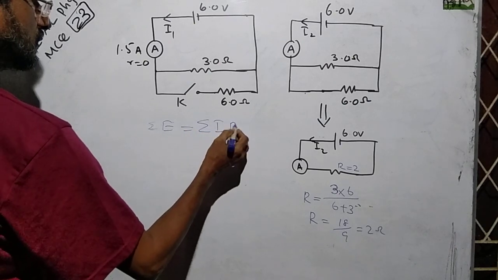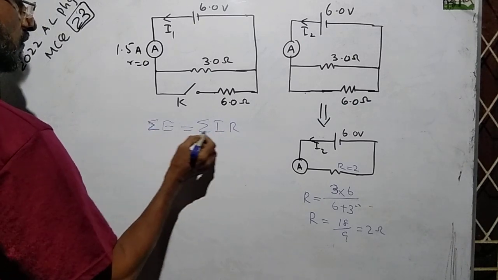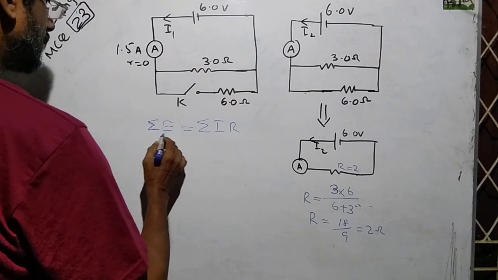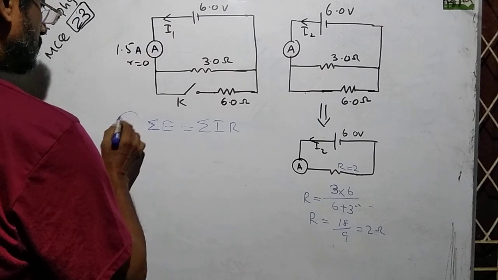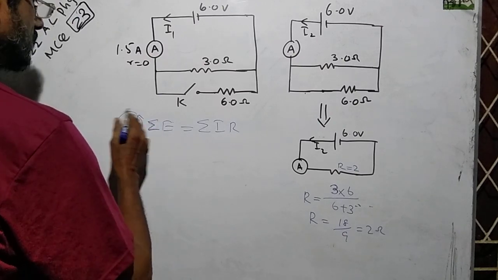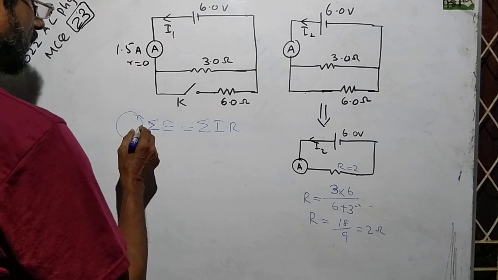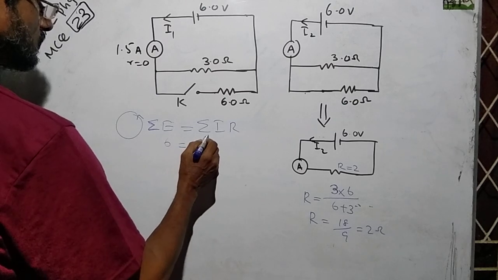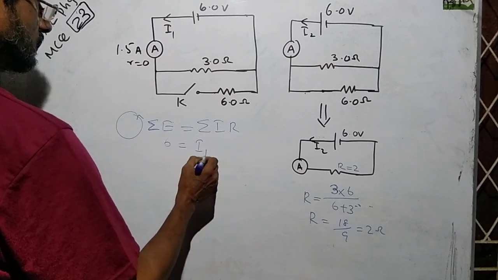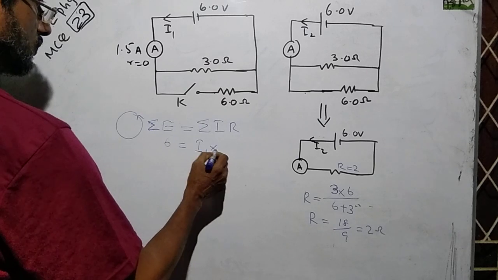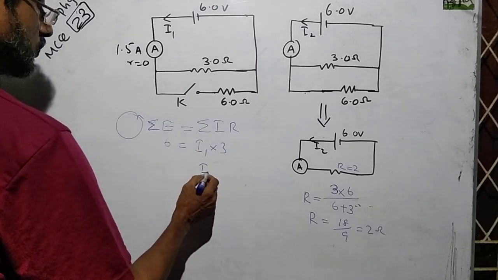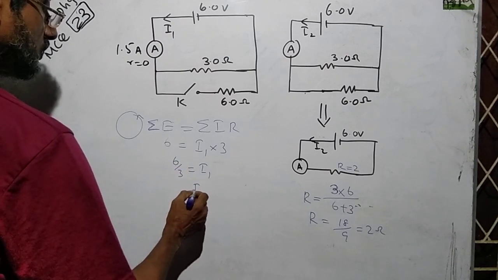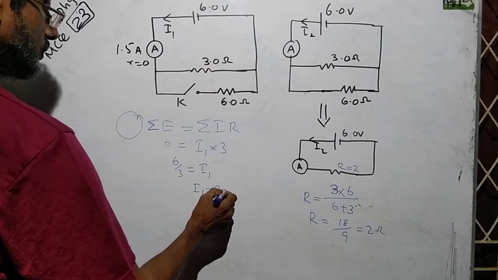We know I is an unknown value. I consider the circuit in the clockwise direction, and sigma E, 6, equals I1 into 3. I1 should be 6 upon 3, so I1 should be 2 amperes.